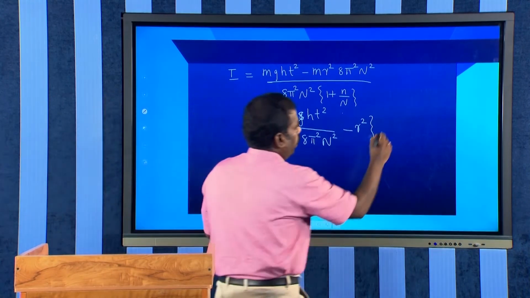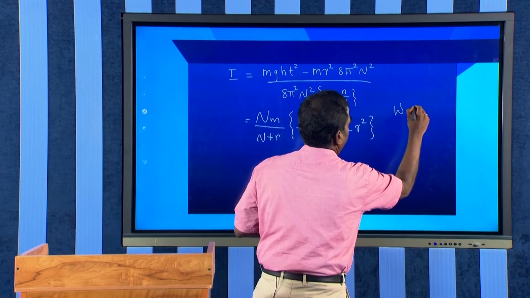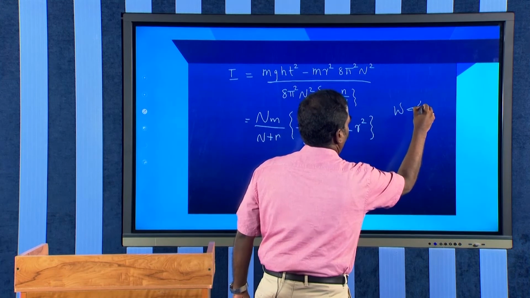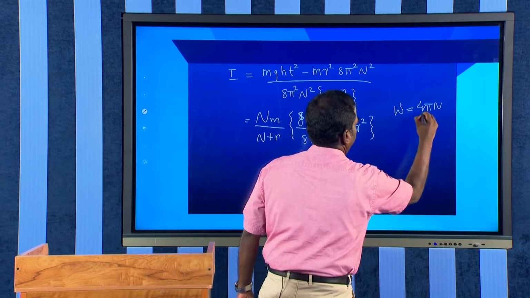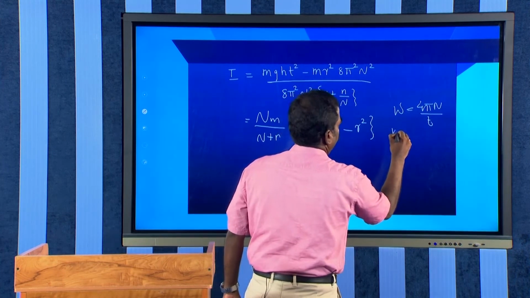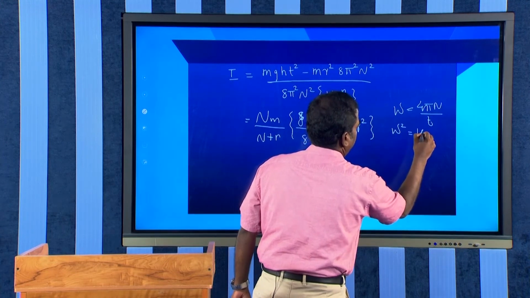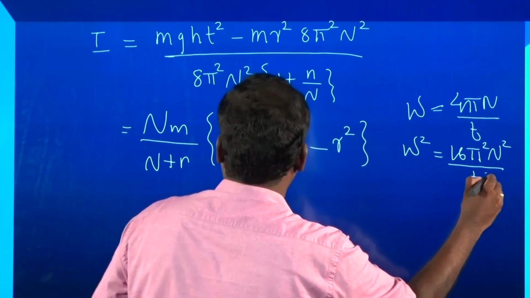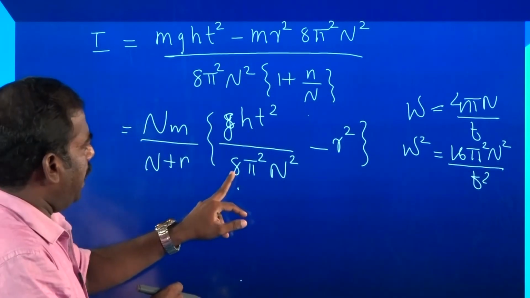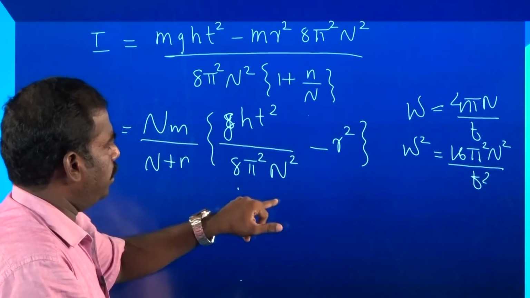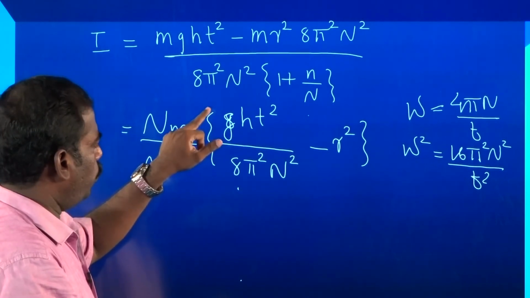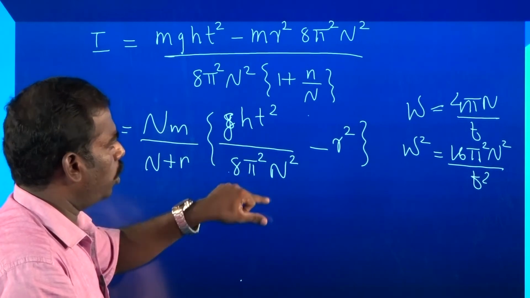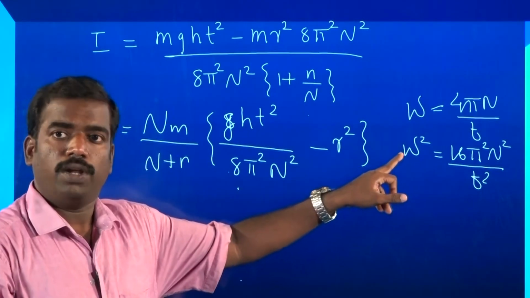We know what omega is. Here omega equals 4 pi N by t. So what is omega square? 16 pi square N square by t square. Here we have 8 pi square N square by t square, so multiply by 2 in the numerator and the denominator, so that it becomes 16 pi square N square by t square, which is nothing but omega square.